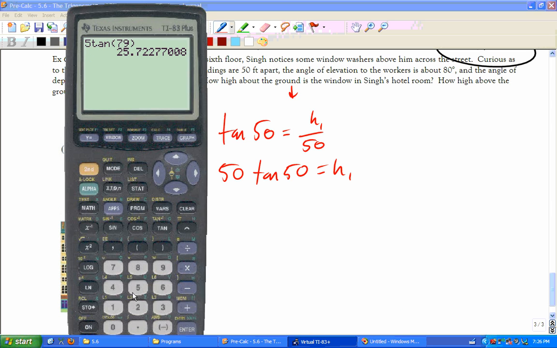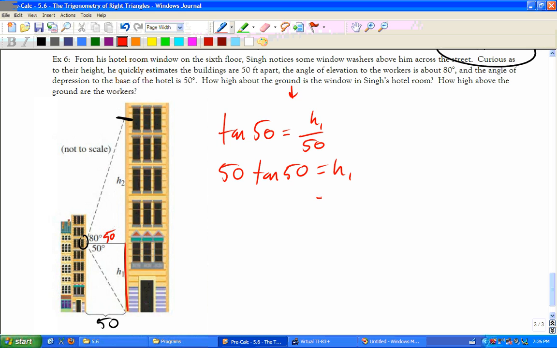Plug that into our calculator, 50 tan 50, hit enter, we come up with 59.6 feet. For our sake, that's close enough. We'll just go ahead and call that 60 feet. So, height 1, 60 feet.